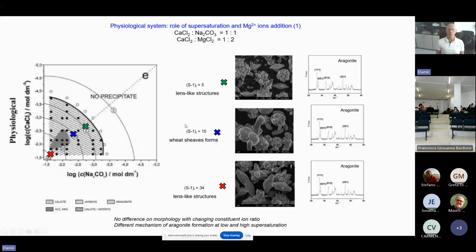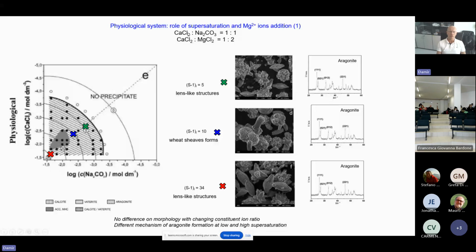We investigated and analyzed systems in this region in which the calcium to sodium carbonate ratio was 1:1. But also in each precipitation system in which we introduced calcium, we introduced magnesium. Magnesium was always double the concentration of introduced calcium.